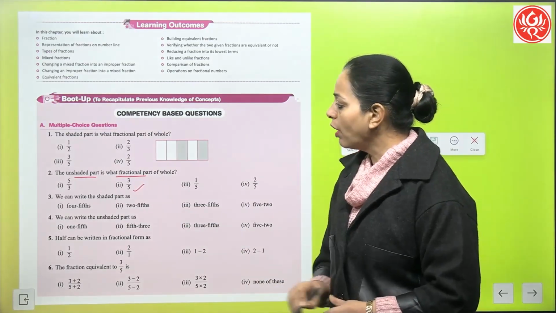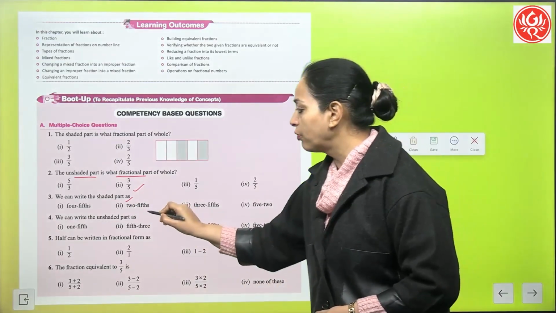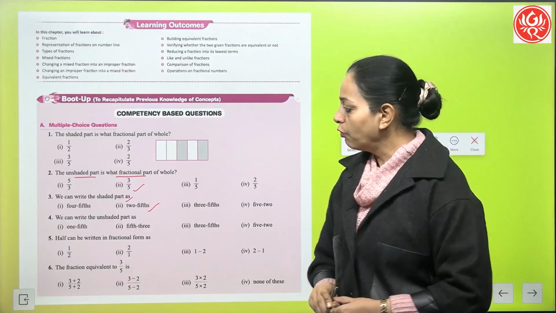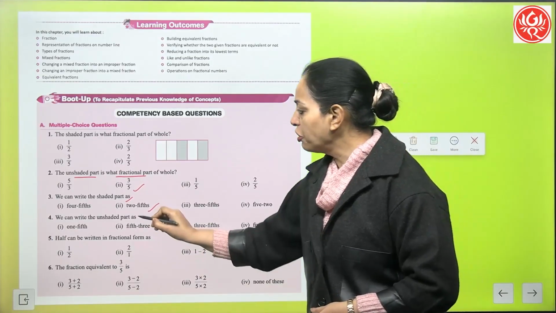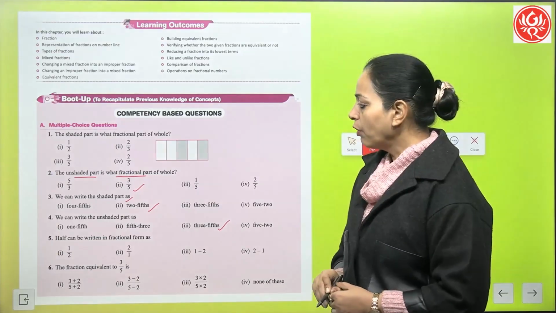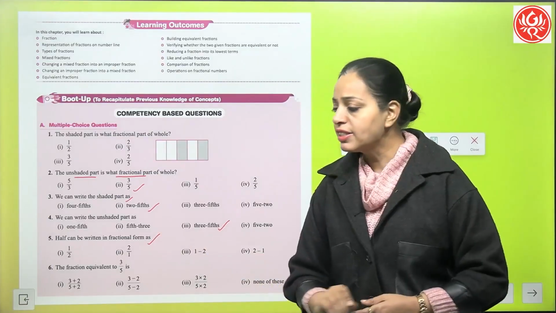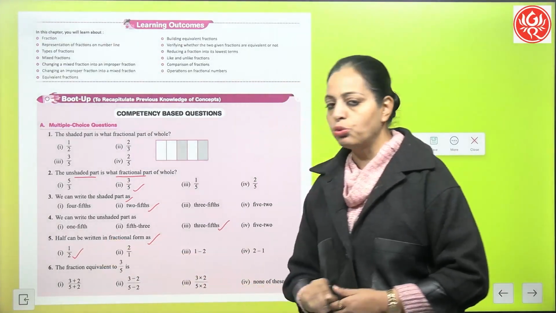Right. The third one, we can write the shaded part as 2/5. The fourth, we can write the unshaded part as 3/5. Okay. Now, the fifth question, half can be written in fractional form as 1 upon 2, right?